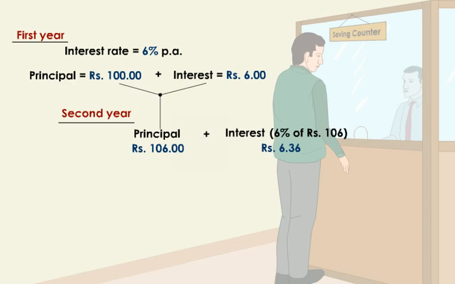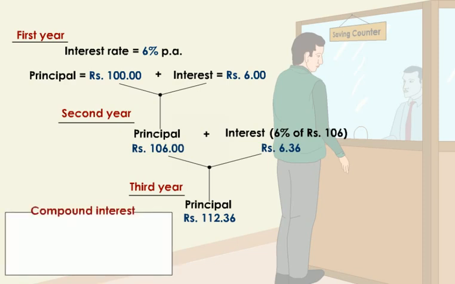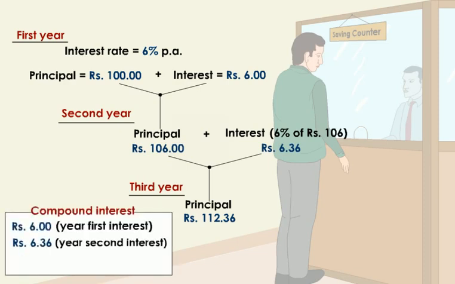Then the principal for the third year will be the sum of principal and interest of second year, which is rupees 112.36, and so on for the fourth year, fifth year, and other coming years. This is an example of compound interest.